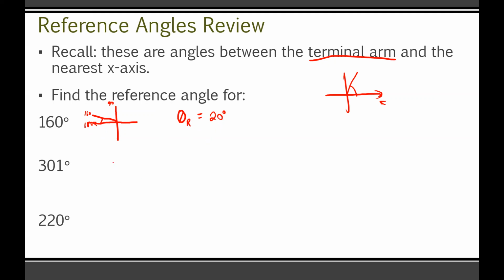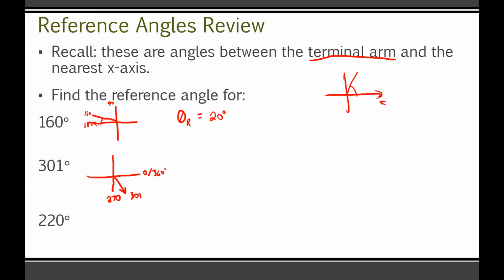Next one, 301. This one's a little trickier. Once again, draw a Cartesian grid. Remember that this line down here is your 270. 301 is obviously a little more than 270, so we'll put it about right over here. Again, it doesn't need to be perfect, just as long as you got the right idea. 301. Well, the nearest x-axis is this guy over here, which is usually thought of as 0, but just keep in mind, when you go a full circle, 0 degrees is the same kind of thing as 360 degrees.